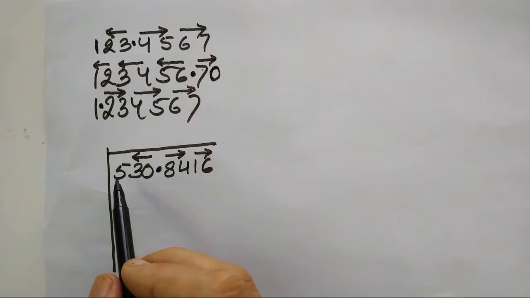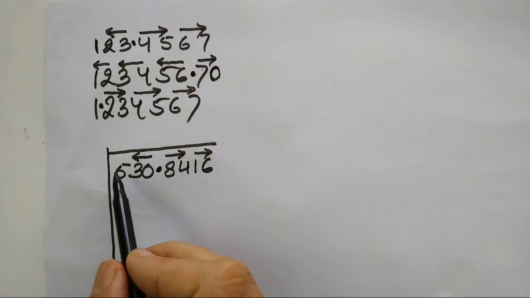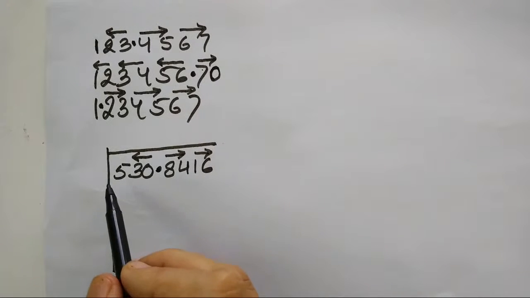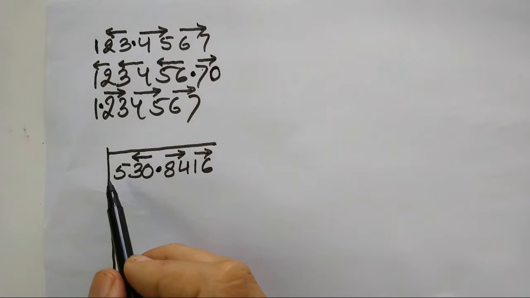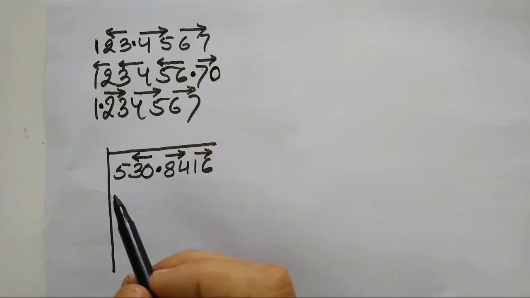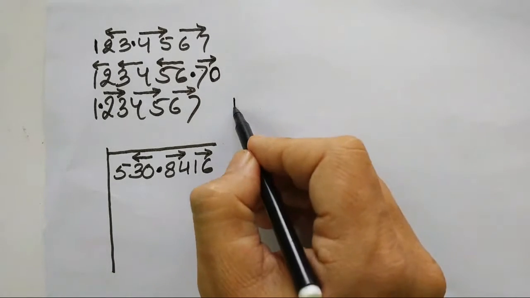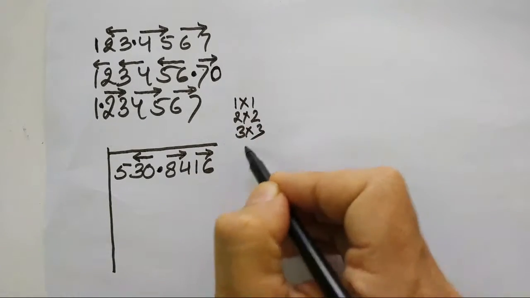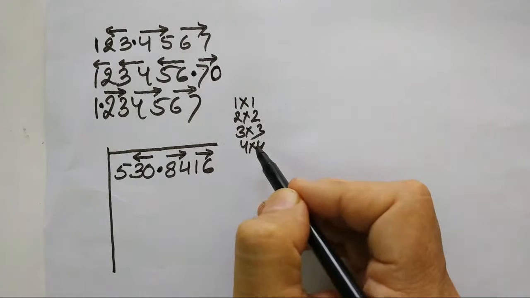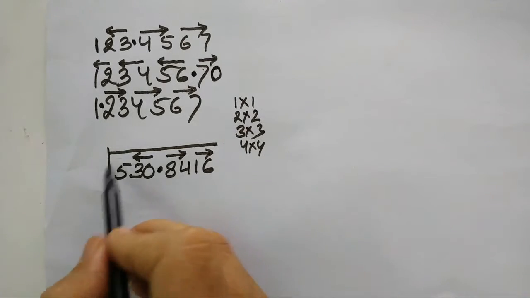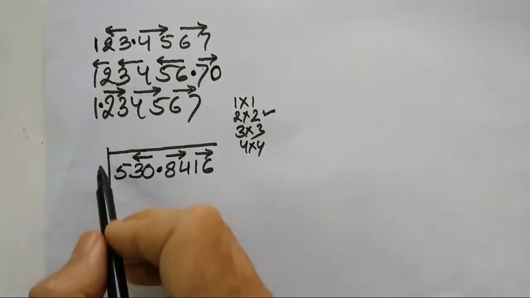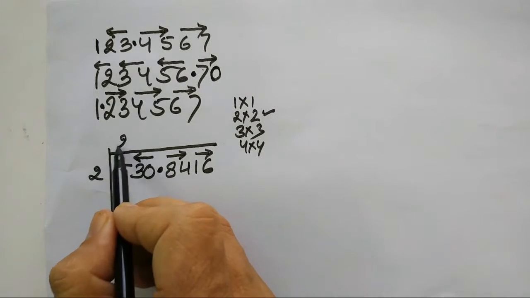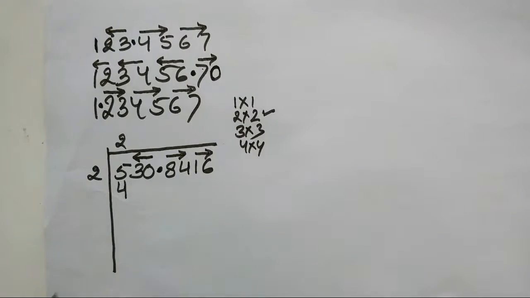Now we will divide. The first number to divide is 5. So you will divide it by a square number. Square number means you will use numbers like 1 into 1, 2 into 2, 3 into 3, 4 into 4. Same numbers you will use. So which number can divide 5? It is 2 into 2. So I will write 2 into 2 is 4.